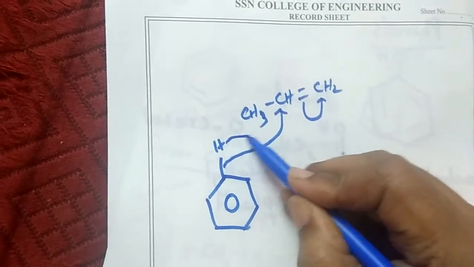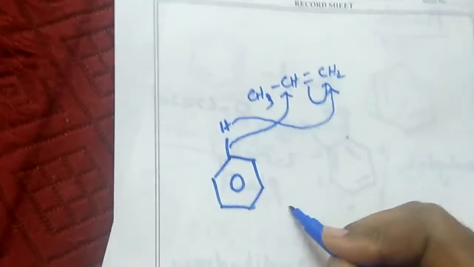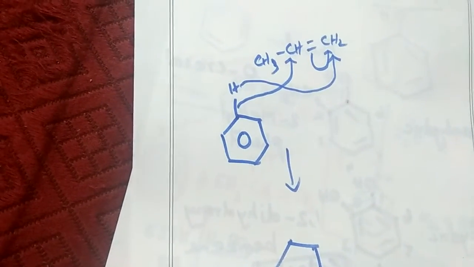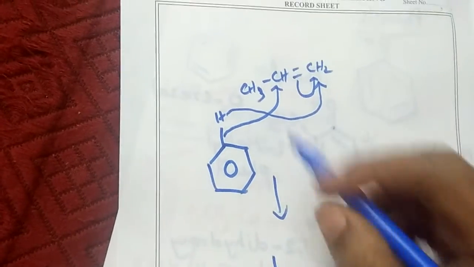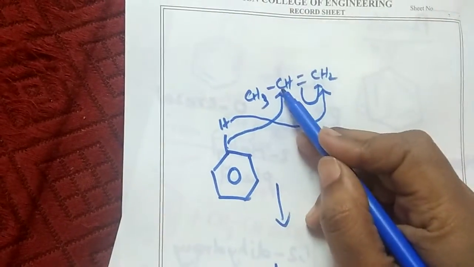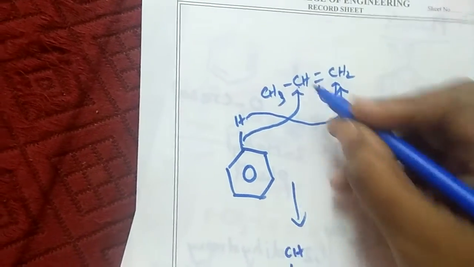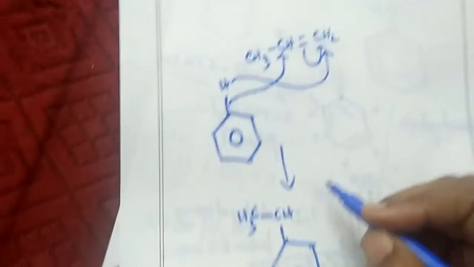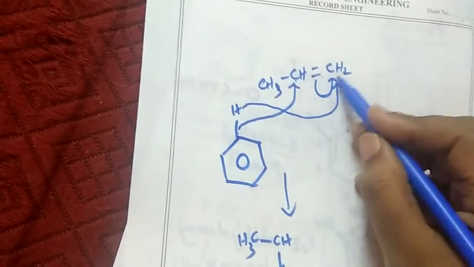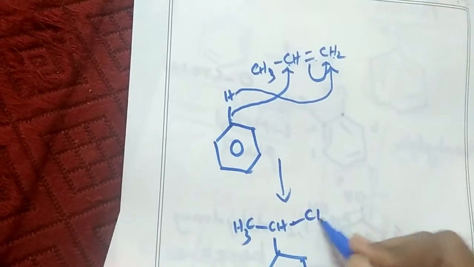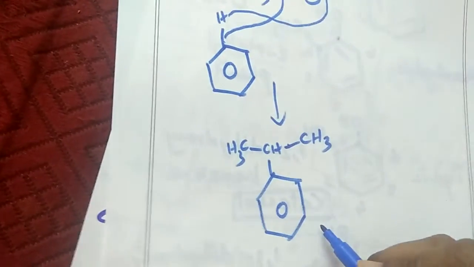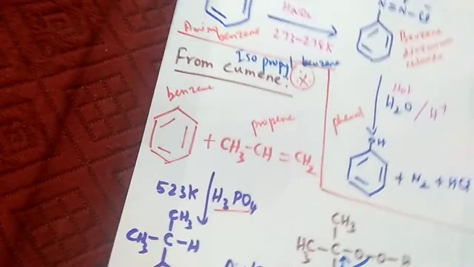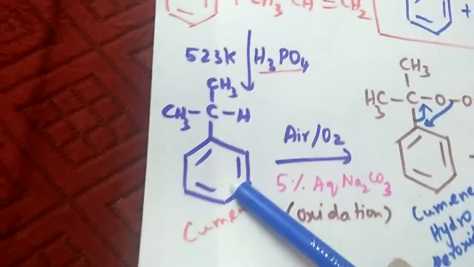This hydrogen, H plus, will go and attach to this carbon to form CH. The CH3 remains there undisturbed, and here this H is added to CH2, so it becomes CH3. This is isopropyl benzene. This is called cumene. This is how cumene is prepared.